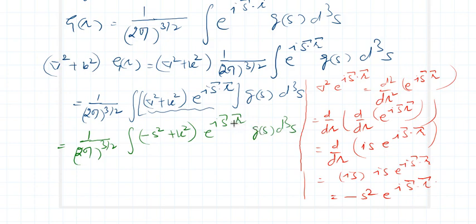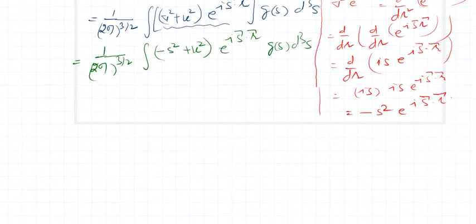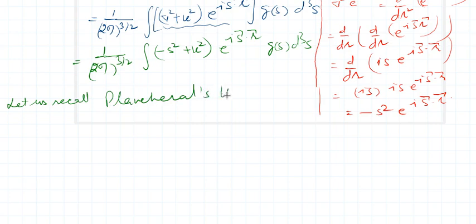Now I will recall a very important theorem that is known as Plancherel theorem. Let us recall Plancherel's theorem, and if we recall it, then if delta x is defined as 1 over 2 pi, e raised to power iota kx, its integral over dk, right?